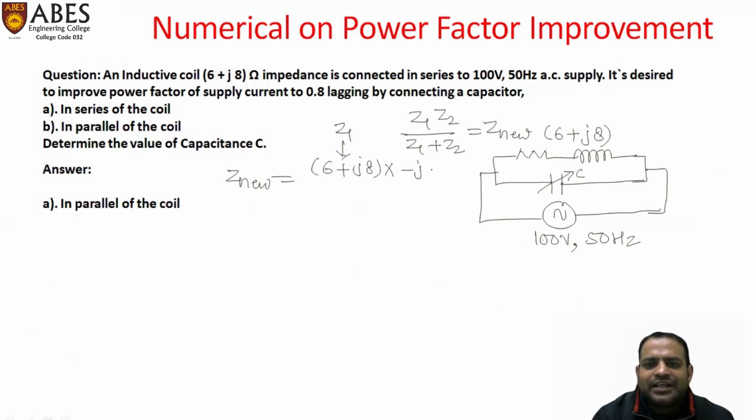Minus jXC, upon the total impedance Z1 plus Z2, which is 6 plus j(8 minus XC).